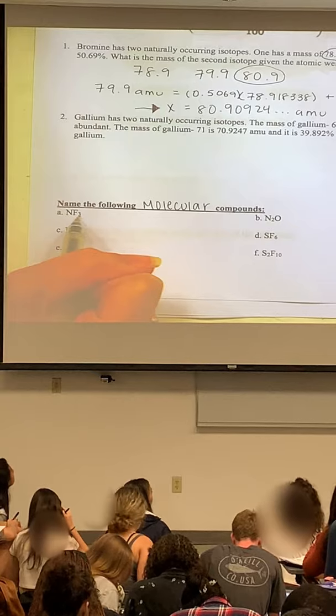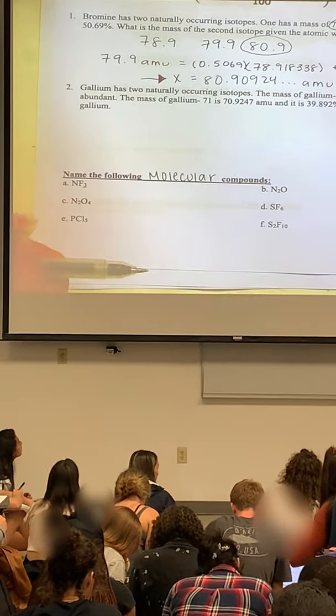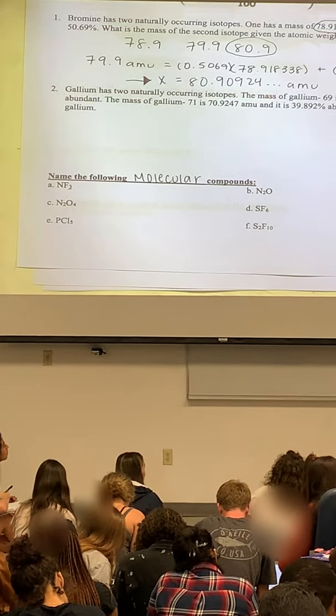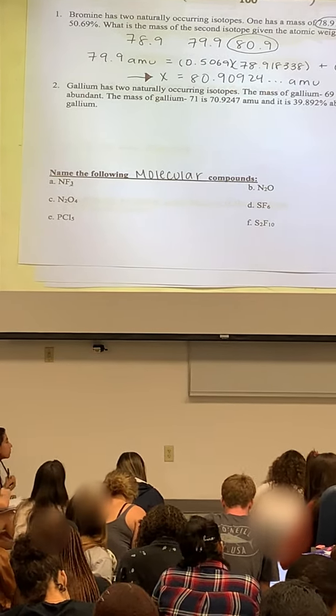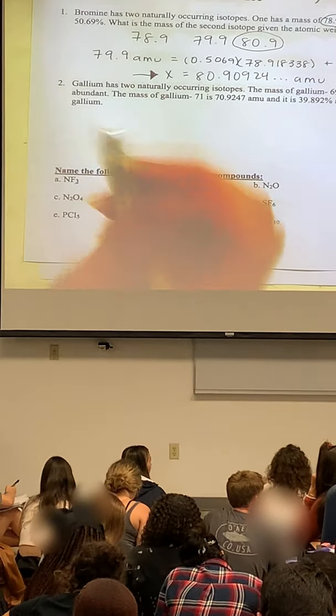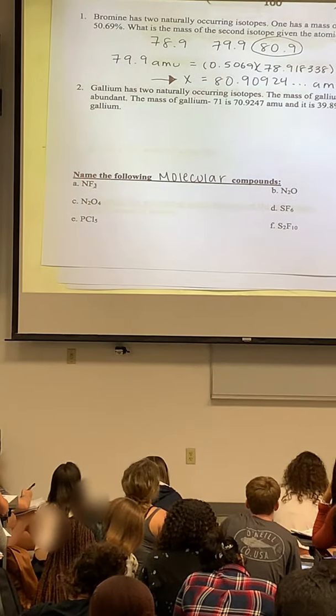Now, if there's a subscript here, we also need to add prefixes. So if there's one, it's mono, two is di, then tri, tetra, penta, hexa, hepta, octa, all of those. If the first one is one, we don't add mono. That's the only other rule here.